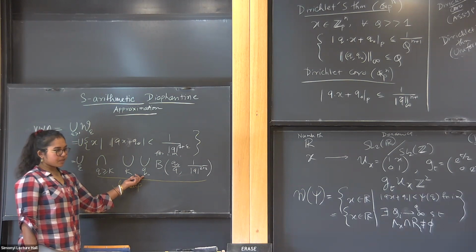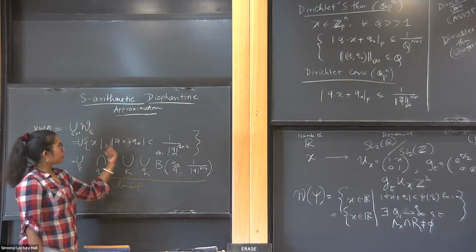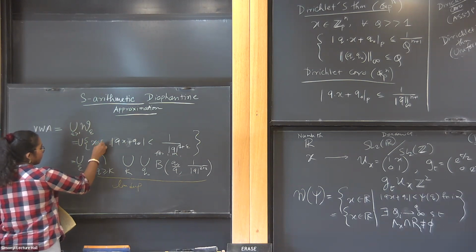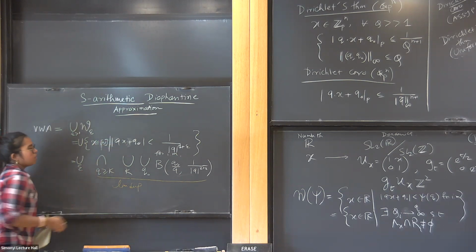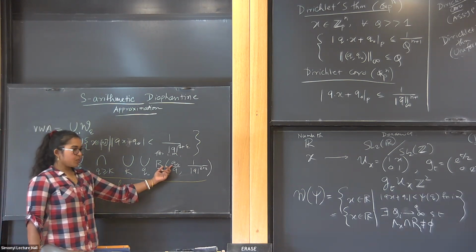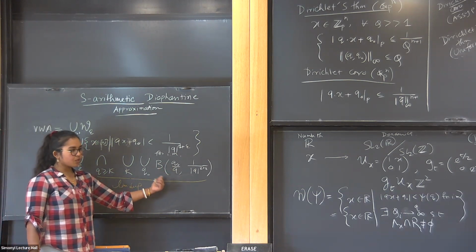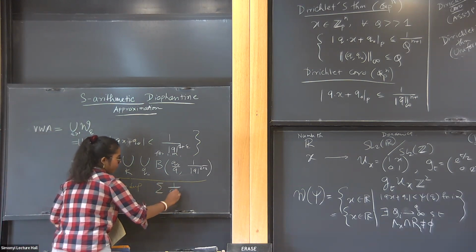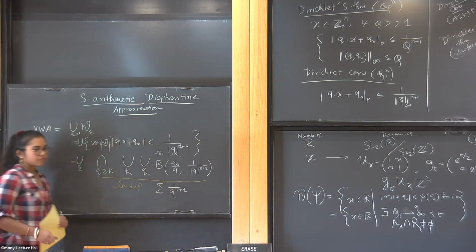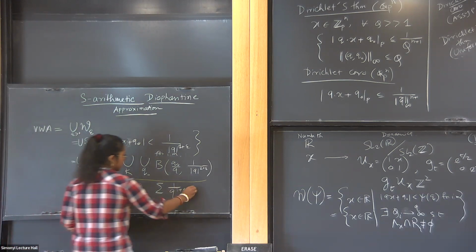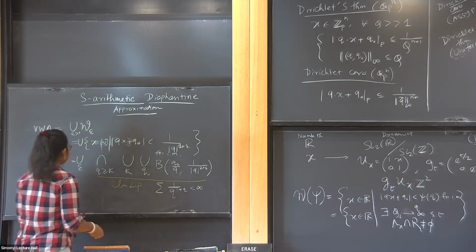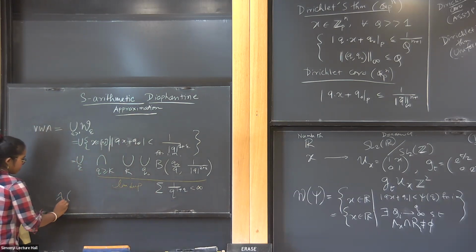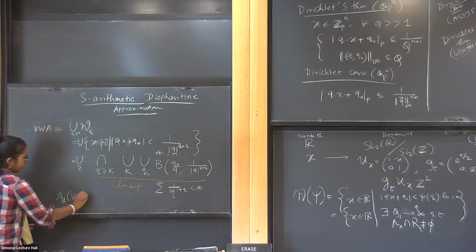But q naught can be at most q, because I'm looking at x in [0,1]. So one q cancels out, and you would have the summation of 1 over q to the power 1 plus epsilon, which is finite. So this set has measure 0, where lambda is the Lebesgue measure. Even in higher dimensions, the same proof works.